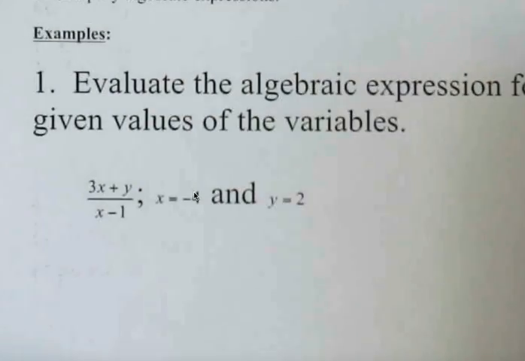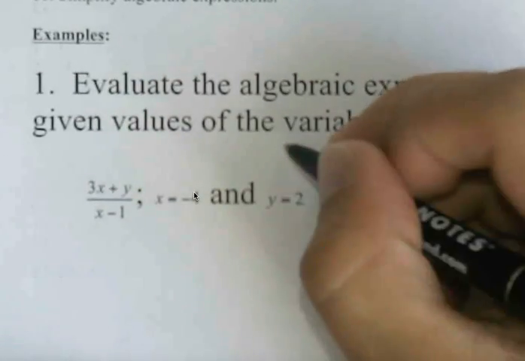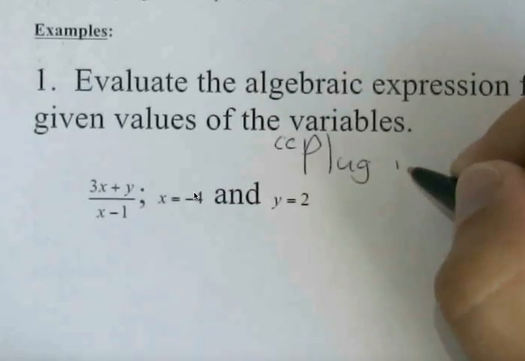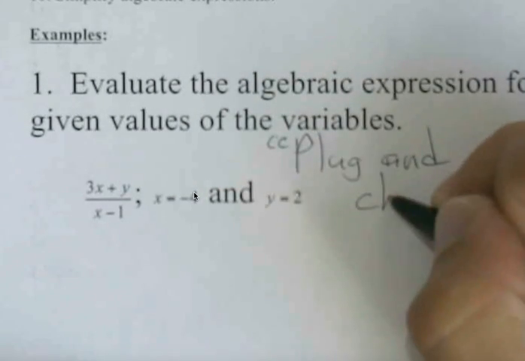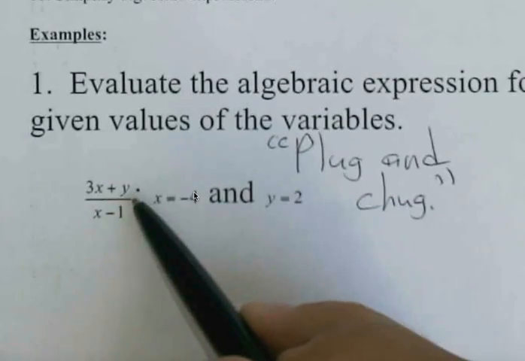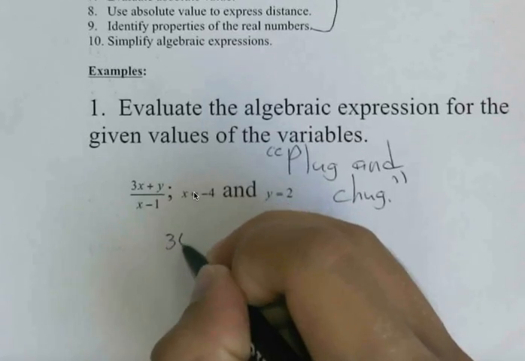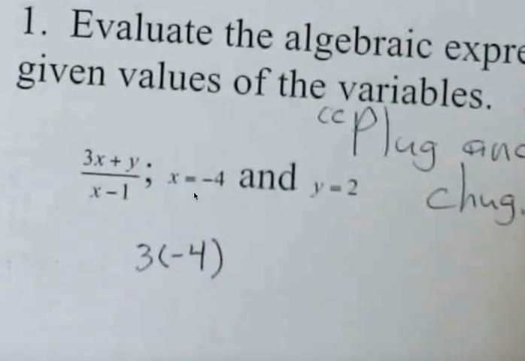With situations like this, they give us an expression, they give us what the variables are equal to. This phrase will come up quite a bit, but all we're really doing is plugging and chugging. And what does that mean? We have these variables here. We have numbers we can put in place of them, so we really just put them in. So instead of x, we can put in -4.